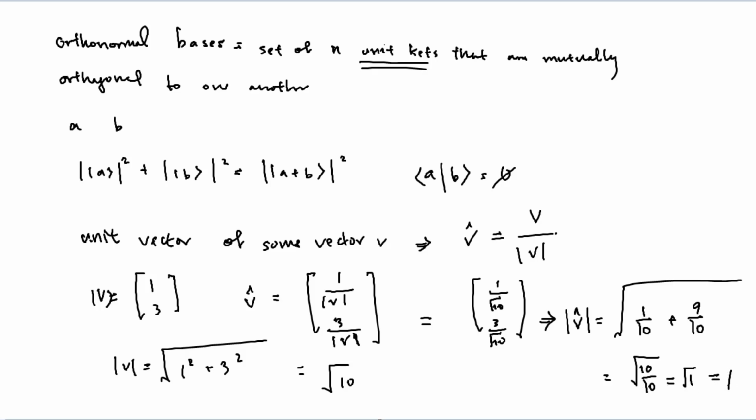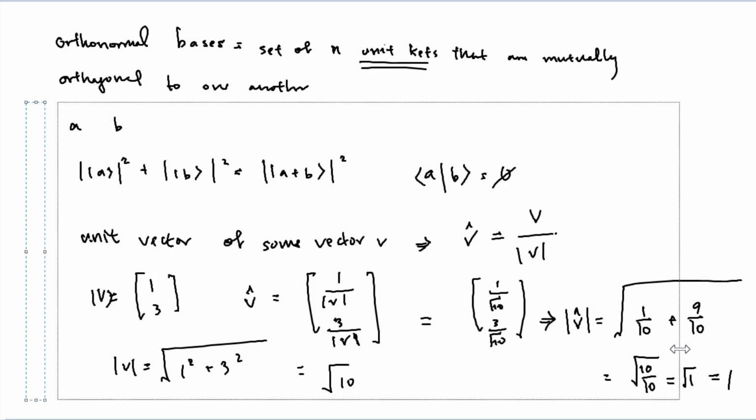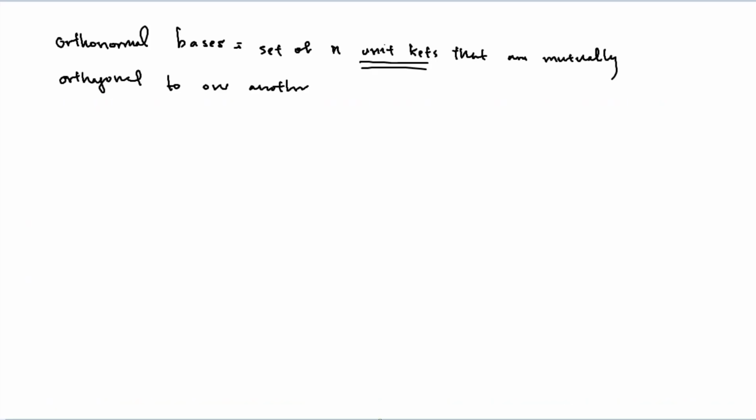Thus, the magnitude of any unit vector that we are talking about is going to be equal to 1. This becomes rather useful when we're discussing a number of future ways of finding orthonormal bases.